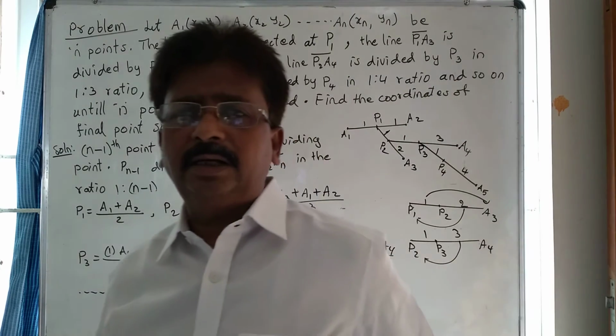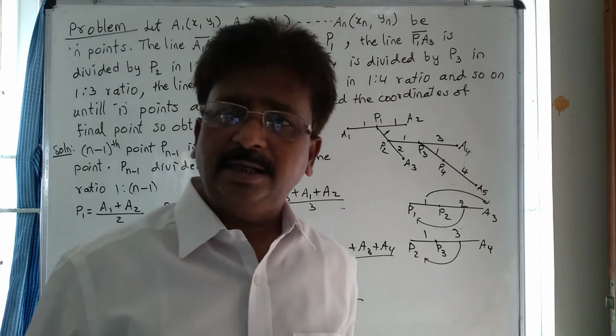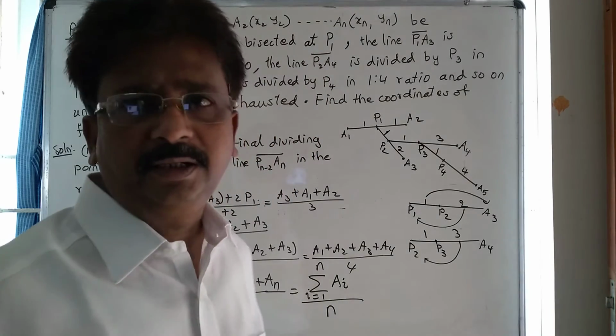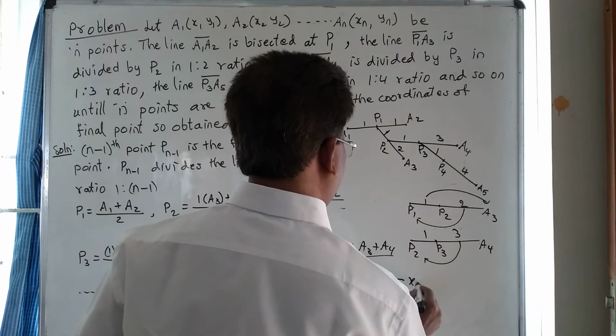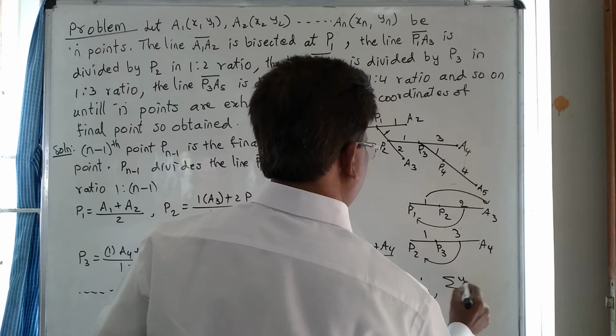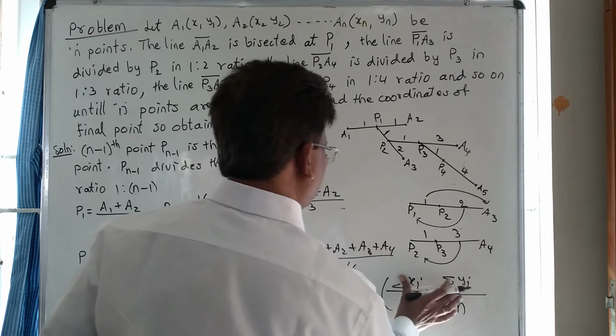Now we can write the coordinates. Instead of Ai, let us write xi as the x coordinate and yi as the y coordinate. So I will write the coordinates as sigma xi by n, comma, sigma yi by n, where i is equal to 1 to n.